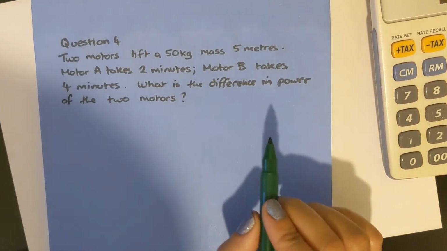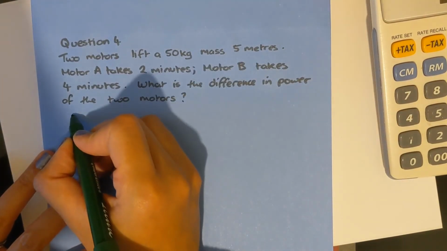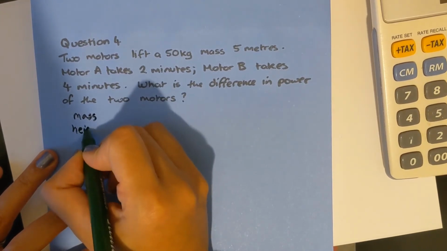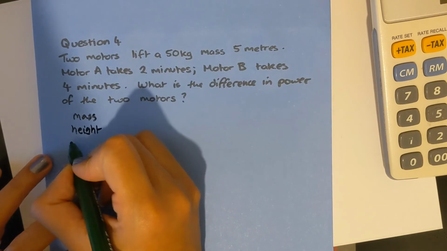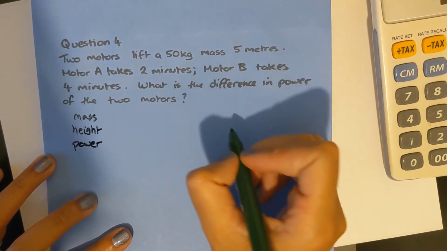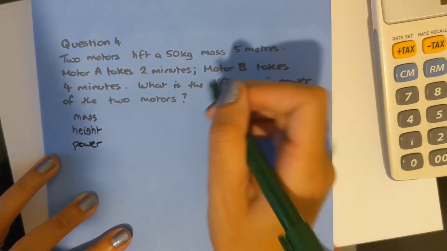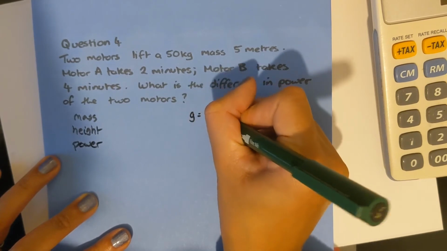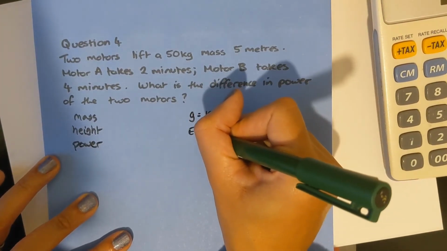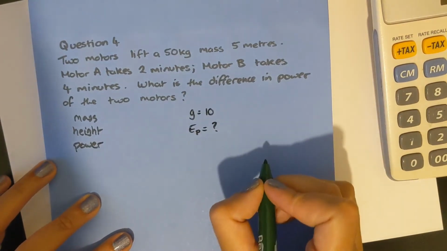Okay, so we've got that in mind, but what we do have is mass, height, and time. We actually have enough to work out the energy transferred, because we know that the gravitational field strength on Earth is 10. So we do have enough to work out energy. So that's the first thing we're going to do.